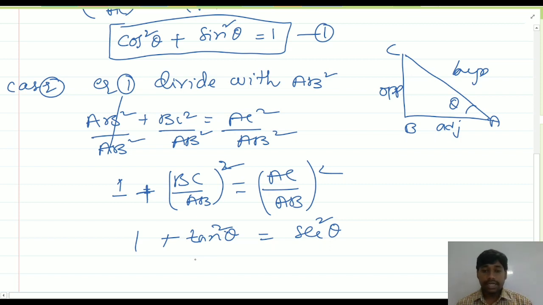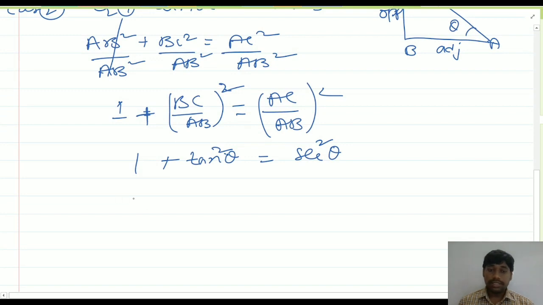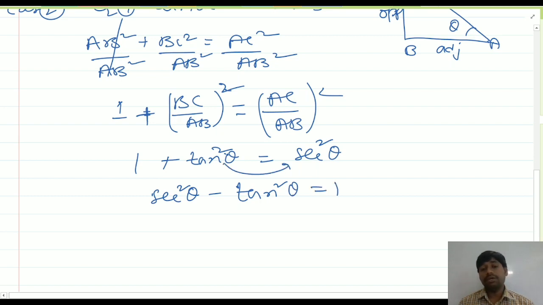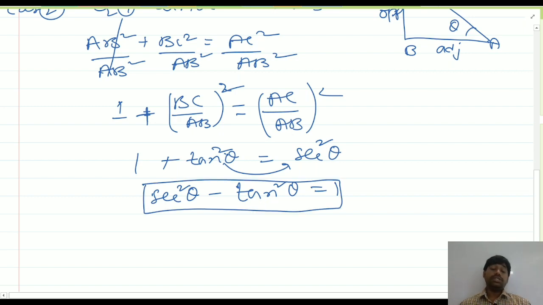So 1 plus tan square theta is equal to secant square theta. Then secant square theta minus tan square theta, transferring this side, becomes 1. This is the second trigonometric identity.